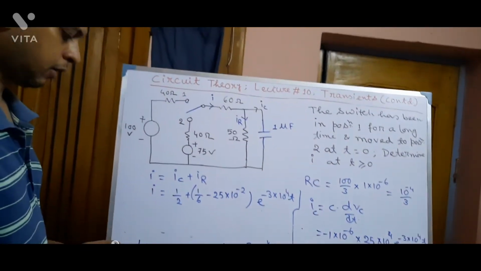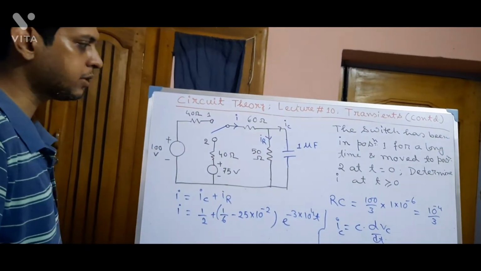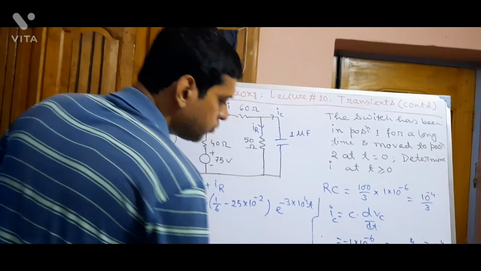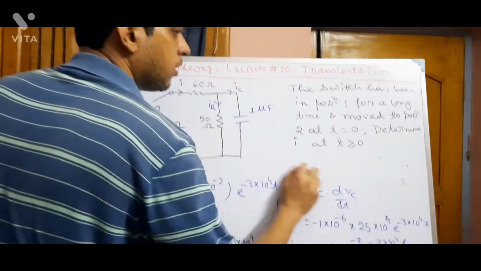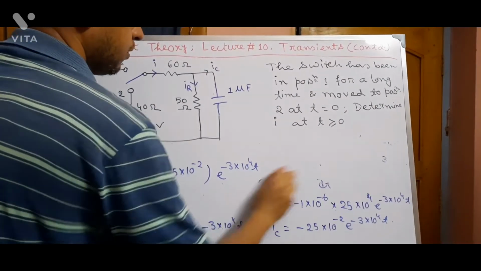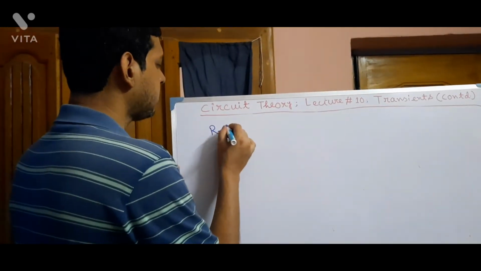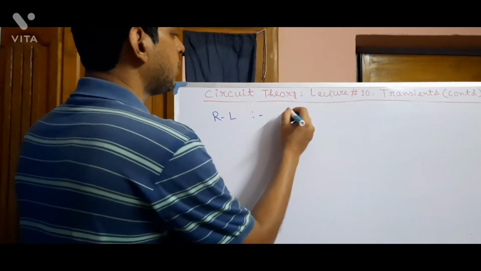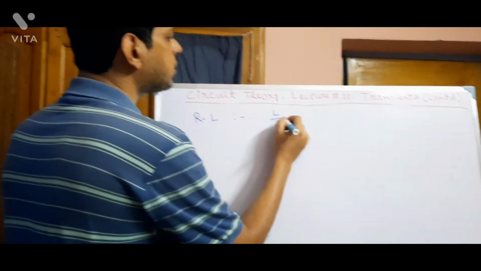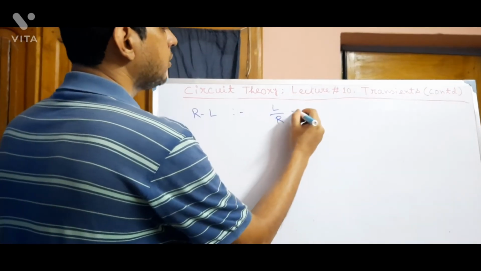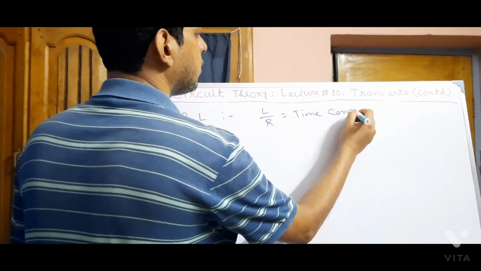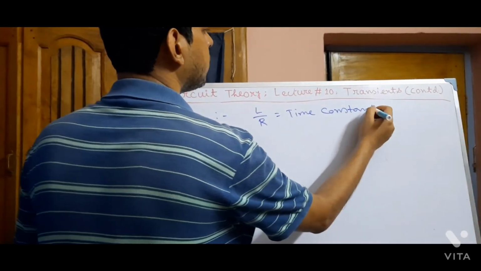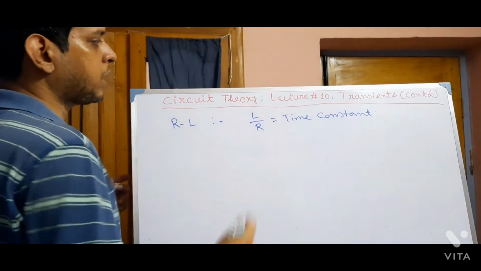Okay, now let us discuss two important things. RL circuit, in RL circuit, this L by R is called what? Time constant. Okay, this is the amount of some time.